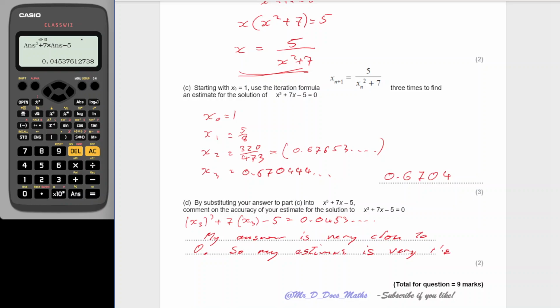Pen stopped working. Let's write the word again. Very close.